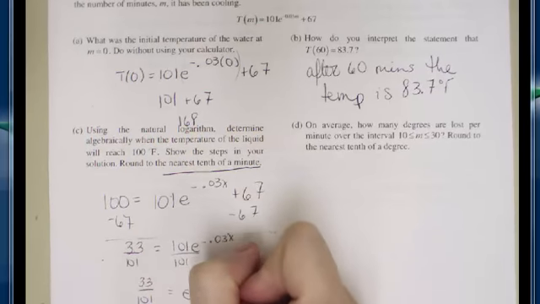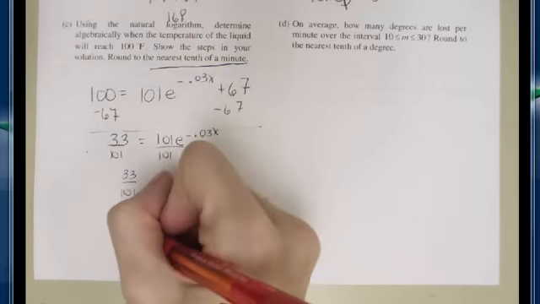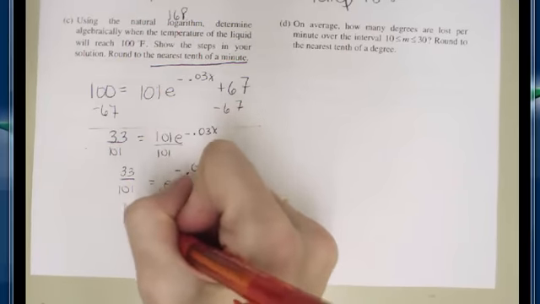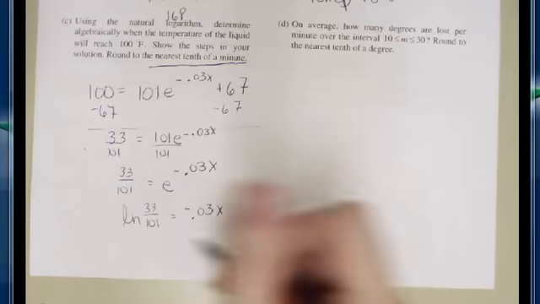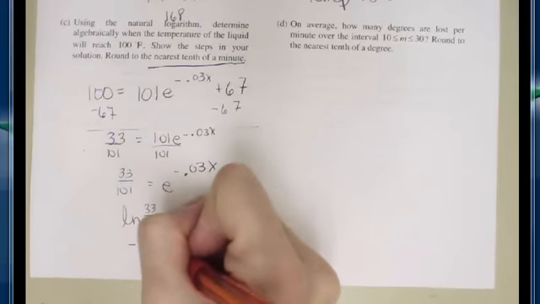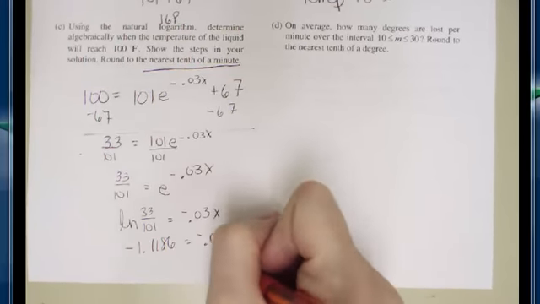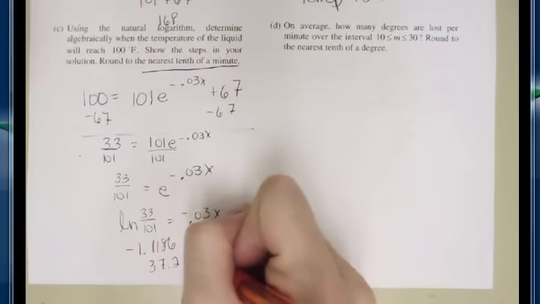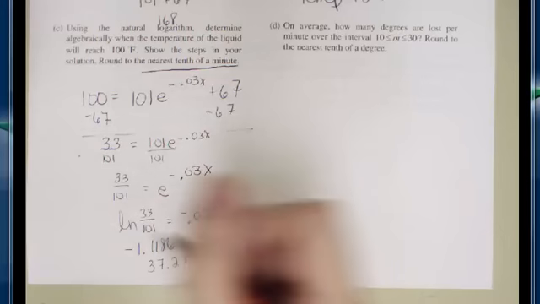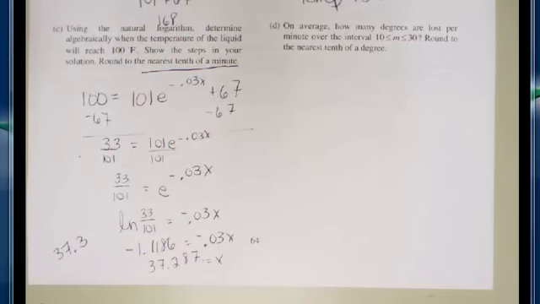It's easier for everybody. Now I'm going to be doing logs, but base is e. So base of e is really natural log. When I do that, I get negative 1.186, continuing on. Divide out by the negative 0.03 and you will get 37.287. They're saying nearest tenth, so 37.3. Okay, process that.